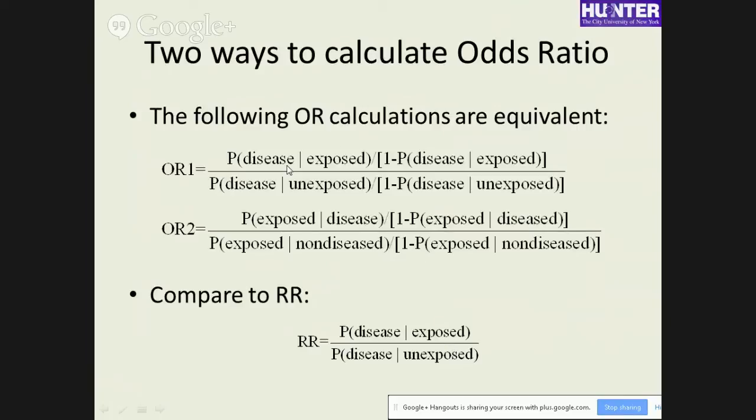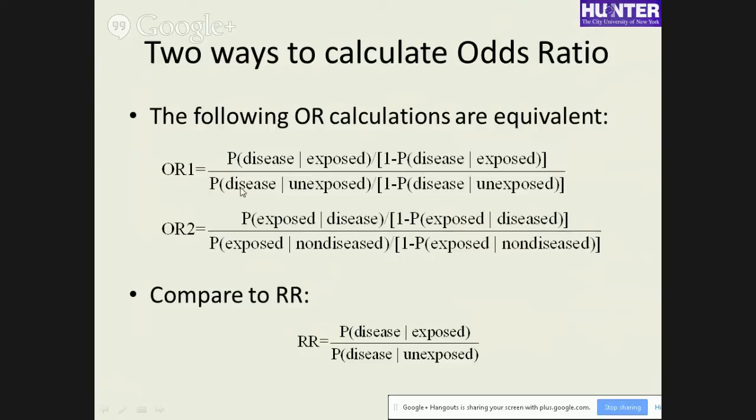Another reason for using the odds ratio is that there are these two different ways of calculating it. So going back to a more typical public health scenario with disease, healthy, and exposed, unexposed, it could be the probability of disease given exposure divided by 1 minus that probability.